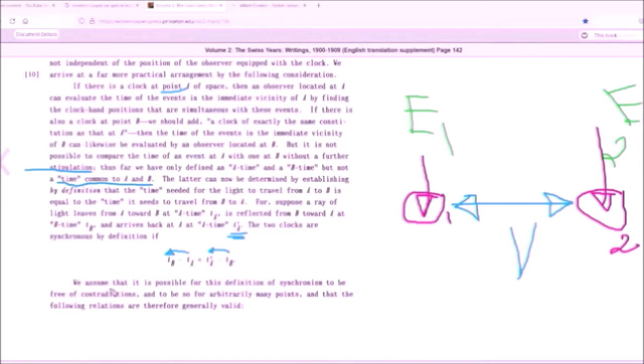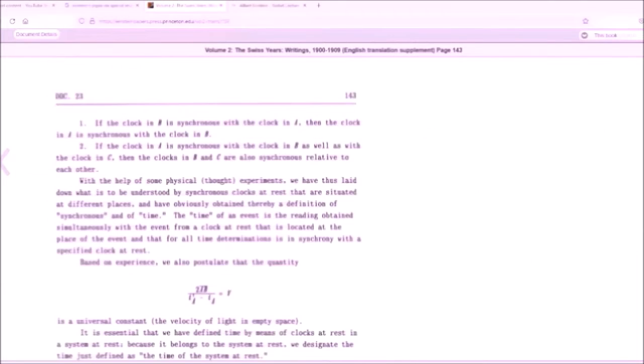By assuming that it is possible for this definition of synchronism to be free of contradictions and to be so for arbitrary points, and that the following relationships are therefore generally valid. Page 143.